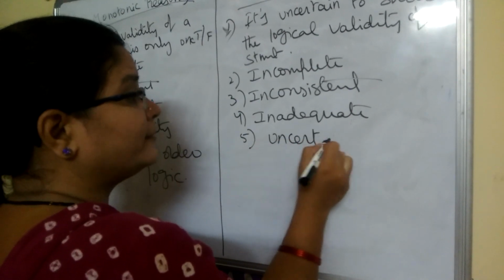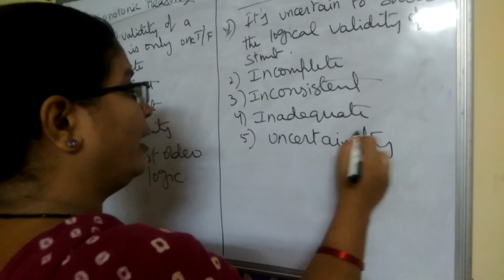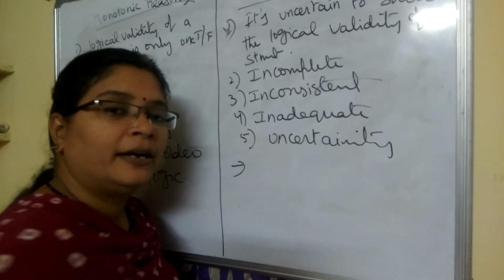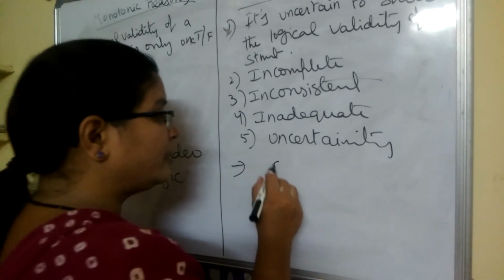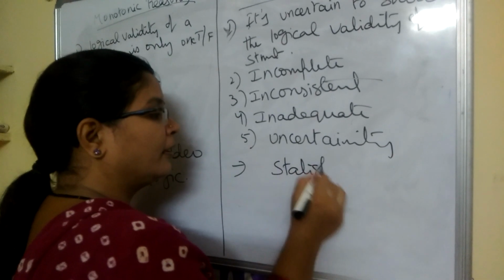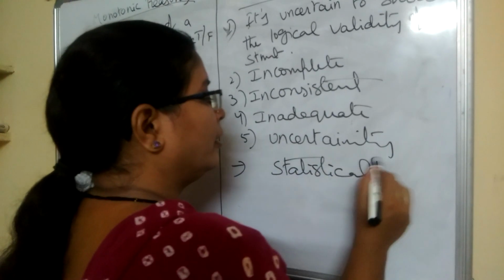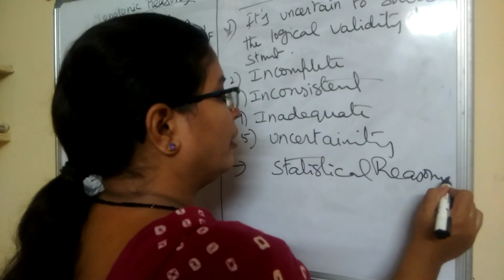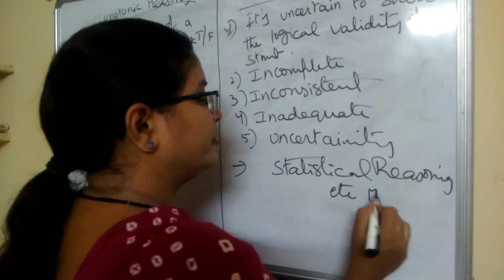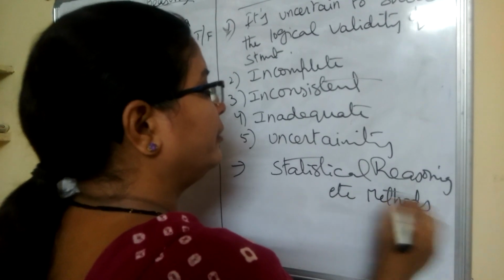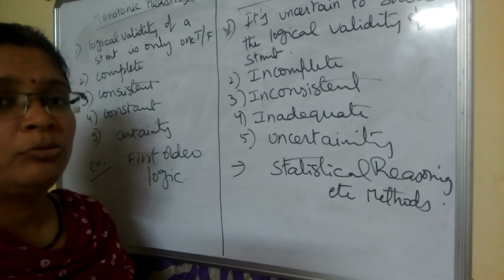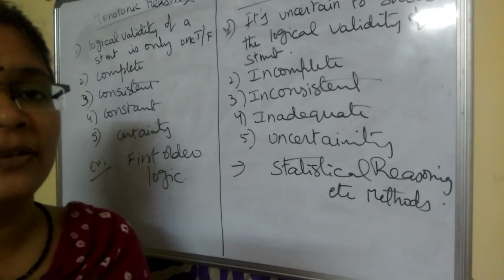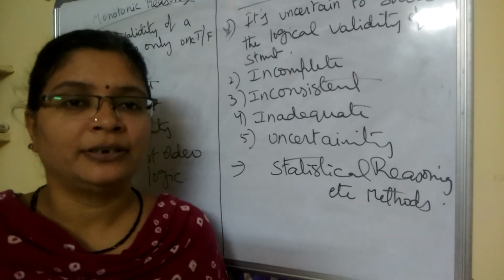It is also called uncertainty, and it can be handled with the help of statistical reasoning and other methods. Like that, we have differentiated monotonic reasoning and non-monotonic reasoning.